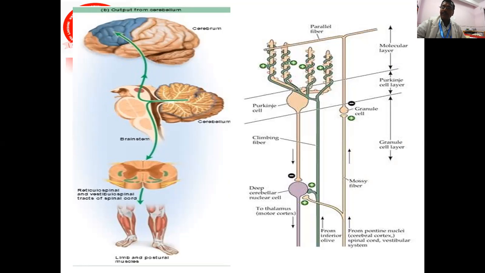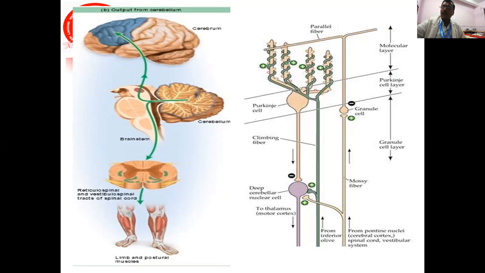And the first one, with the pink color, is the deep cerebellar nuclei, sending the output from the molecular layer, then into the Purkinje cell layer, and then to the deep cerebellar nuclei. Then it goes to the thalamus and motor cortex. And again another input from the pontine nuclei, cerebral cortex, spinal cord, and vestibular system.